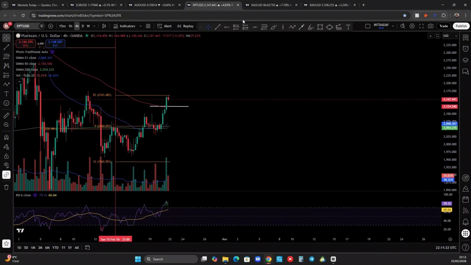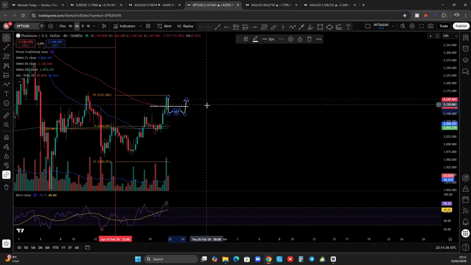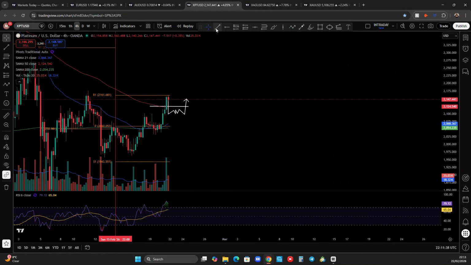It would be good to see this pull back maybe to the 50 or to this level, then we can do the continuation trade, sideways movement, and then breakout. Right, that tells me that it's safe to maybe enter.